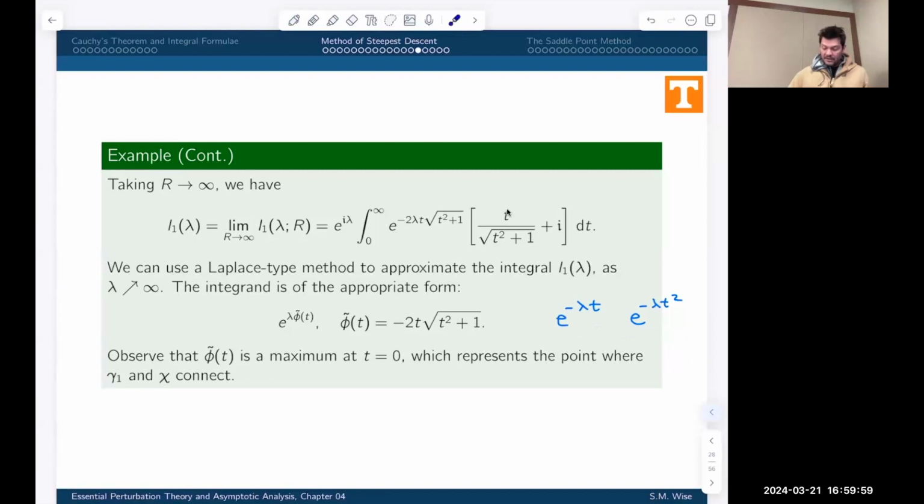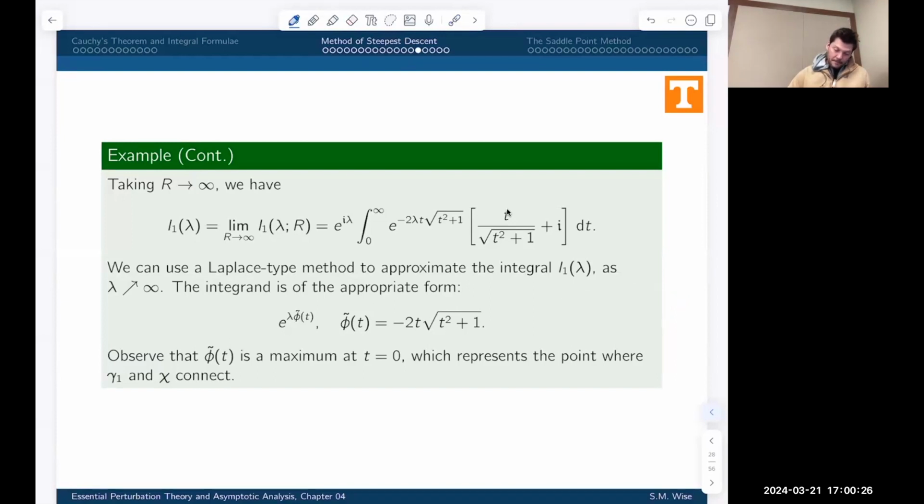So more or less, this guy is looking like the first one, well, let's see. No, like the second one, actually, because it's e to the minus 2t, and this is basically like a t. That's adding another factor of t, for t large. So I guess it's kind of looking like that, although it doesn't matter because you can always transform one into the other through a change of variables.